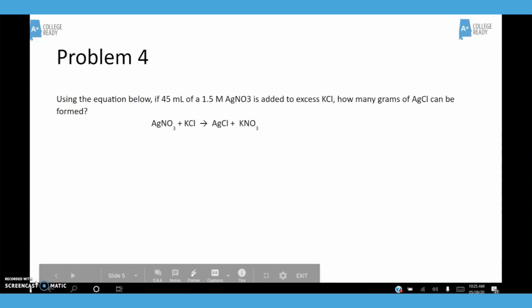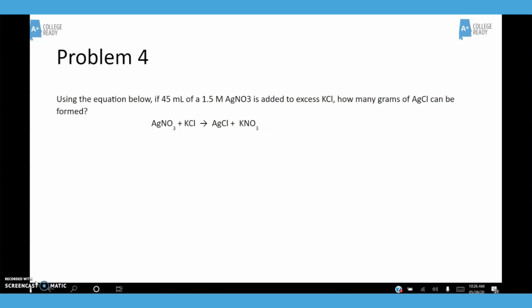And finally, problem number 4 is similar to problem 3, but it also builds upon that concept of reaction stoichiometry. So again, in the problem, they're given a volume and a molarity of silver nitrate, and it is added to an excess of potassium chloride. And then they want to know how many grams of silver chloride can be formed.